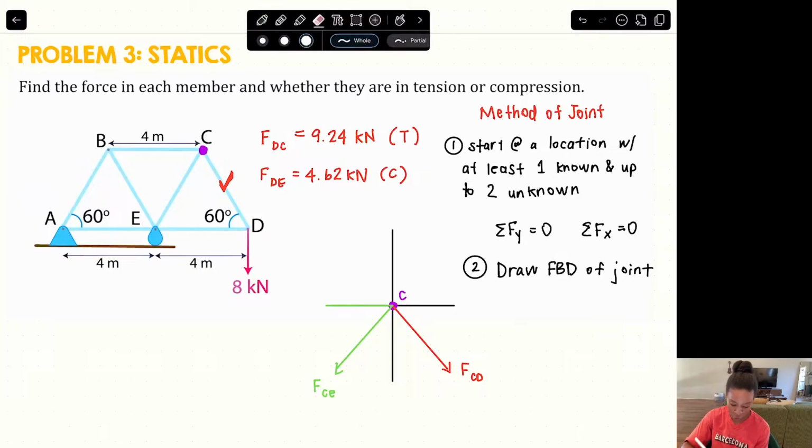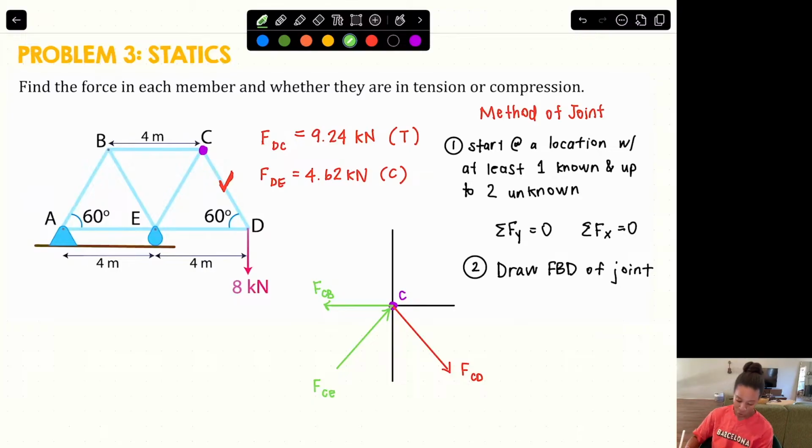As you get better with statics problems like this, you get better at assuming what direction the force is going in. So I'm going to assume that FCE is going towards the joint C, and that the force in member CB is going to the left. But the answer that you get will let you know what direction it's going in. If you get a negative answer, you know the force should be drawn opposite of how you have it drawn.